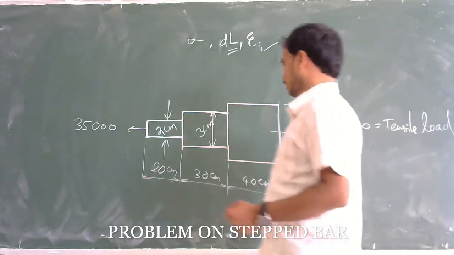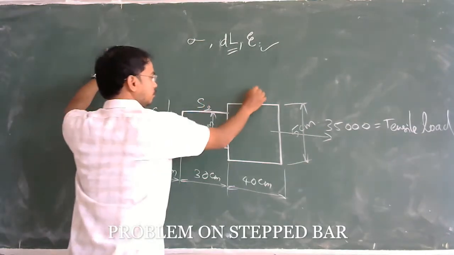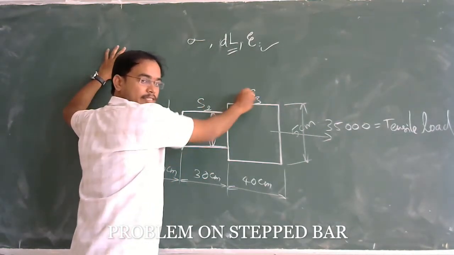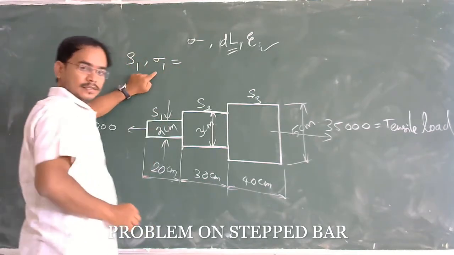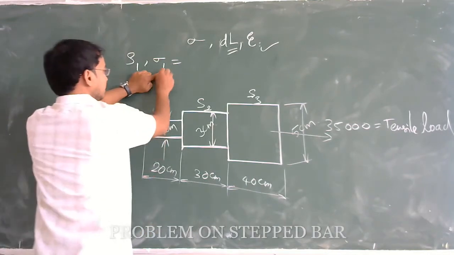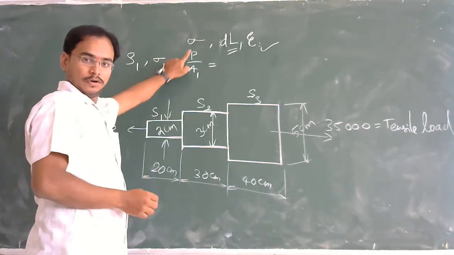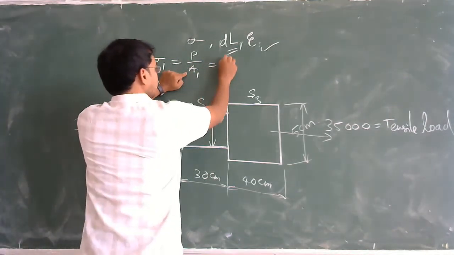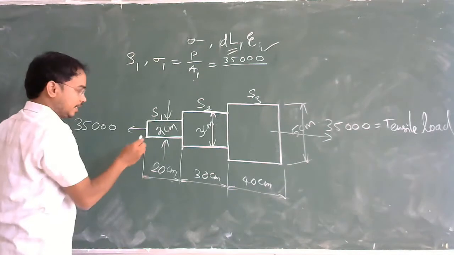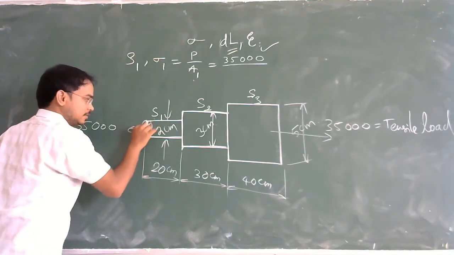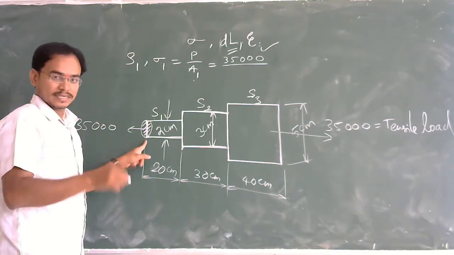Now, for section 1, section 2, section 3. For section 1, sigma 1, stress 1, it is load by area 1. It is equal to 35,000 by the cross section area. This cross section area we need to take. So this area is pi r square.